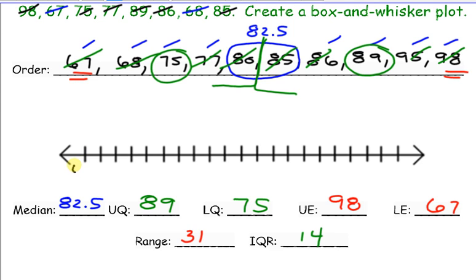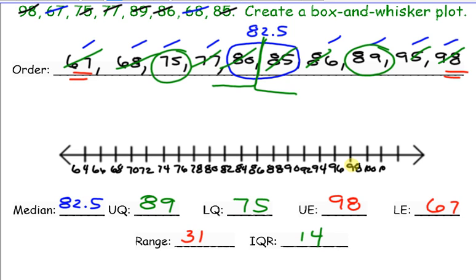I'm going to start at 64, 66, 68, 70, 72, 74, 76, 78, 80, 82, 84, 86, 88, 90, 92, 94, 96, 98, 100, 102, 104.